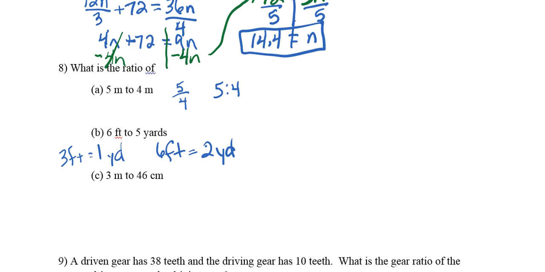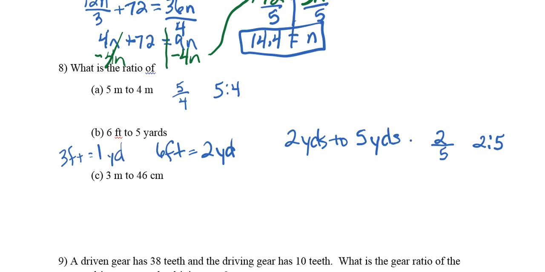So I'm going to change the 6 feet out and I'm going to make it become 2 yards. So I'm really doing 2 yards to 5 yards. So this would be one way to write my ratio, 2 yards to 5 yards. I could also write it as 2 to 5 in a fraction form, or 2:5.